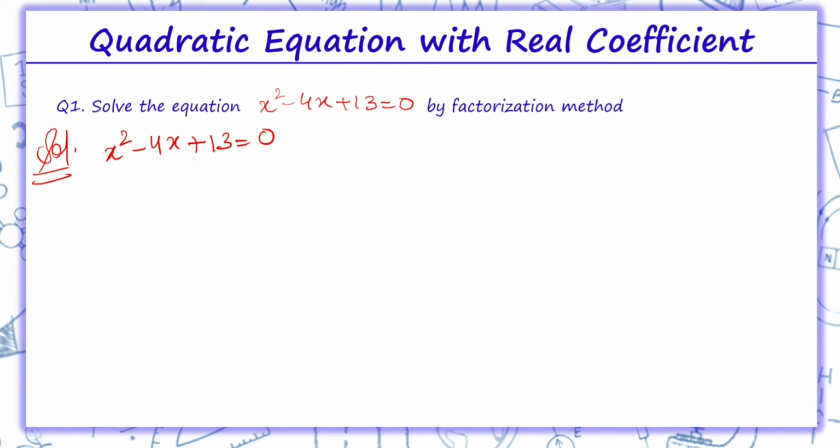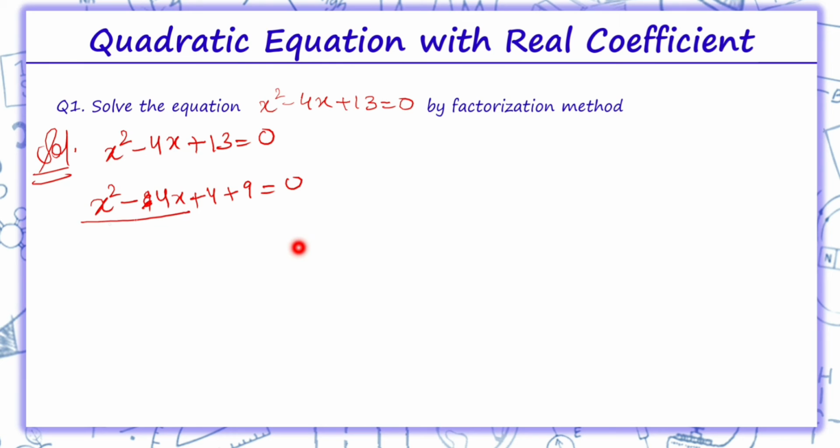If I have to split this 13, it can be written as 4 plus 9. Here the factorization method is a little bit different from the factorization method which we studied in 10th standard. So here we have substituted this 13.